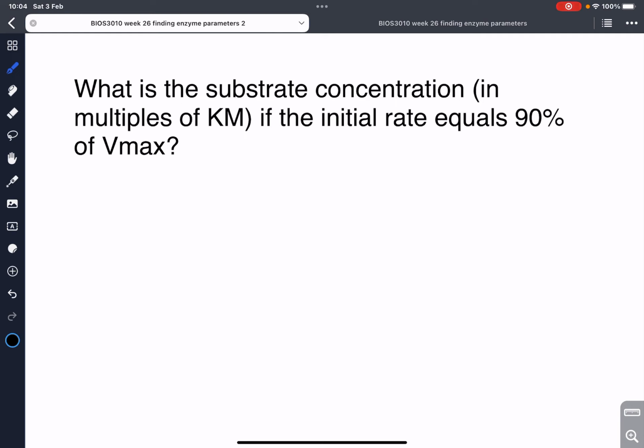Let's write down the Michaelis-Menten equation. That is V equals Vmax times the substrate concentration divided by Km plus the substrate concentration. And we also know that the initial rate, our V, equals 90% of Vmax.